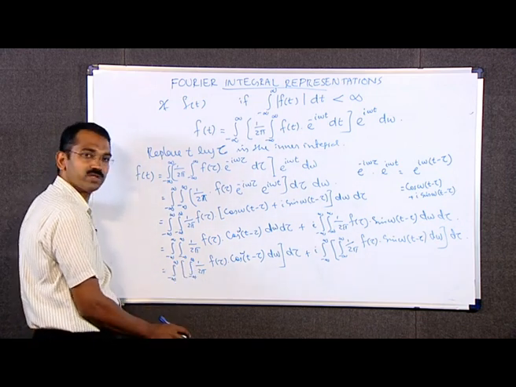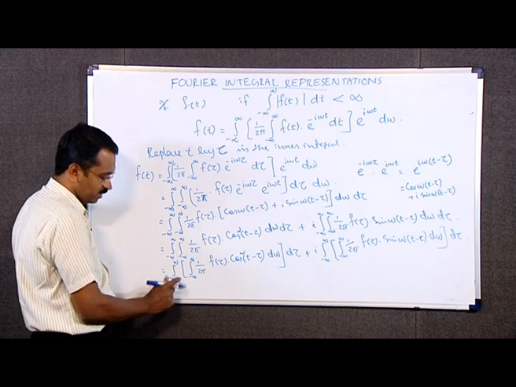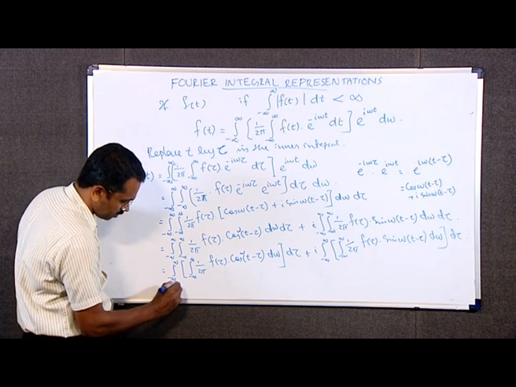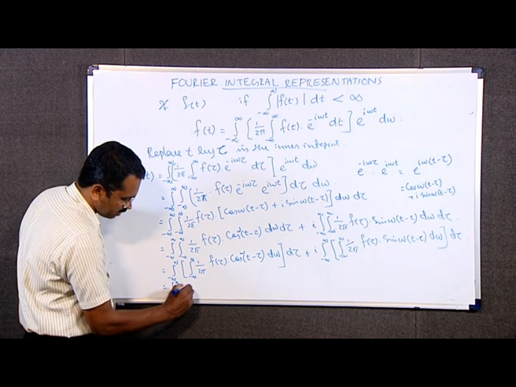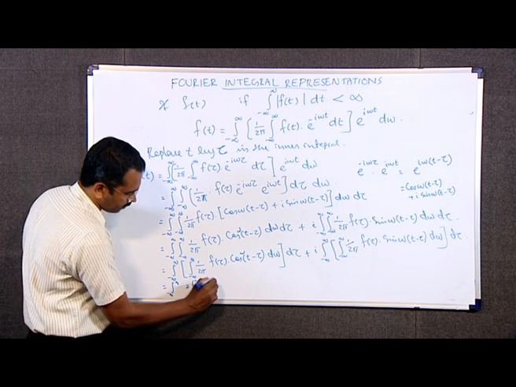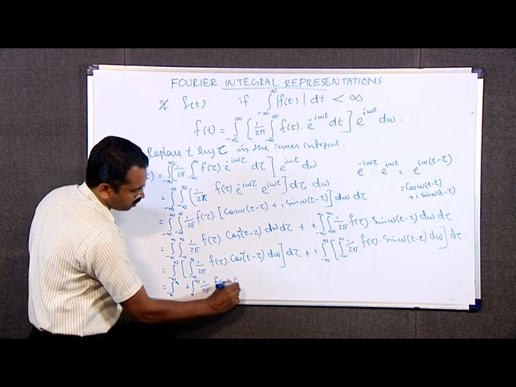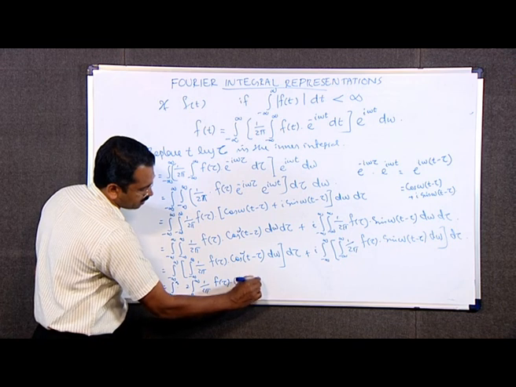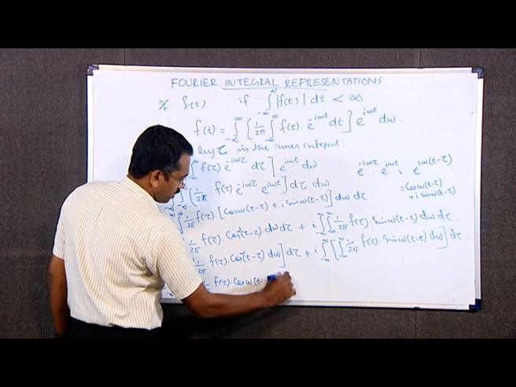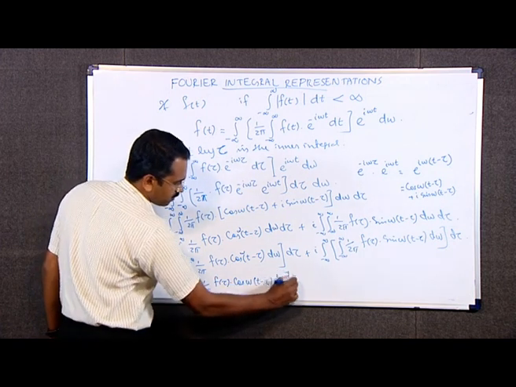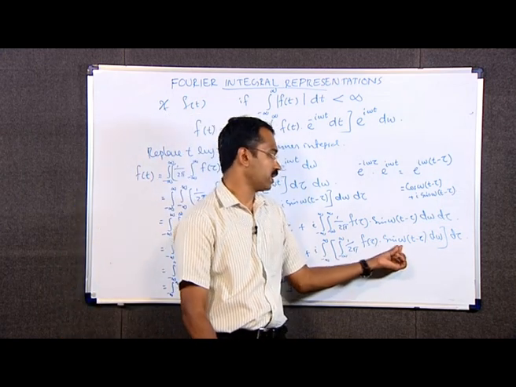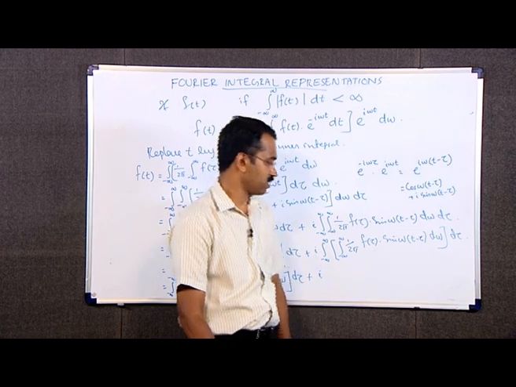By the property of the integral, we can write this as the integral from minus infinity to infinity, 2 times the integral from 0 to infinity 1 by 2 pi f of tau into cos omega (t minus tau) d omega into d tau, plus i into, here note that the sine function is always an odd function.